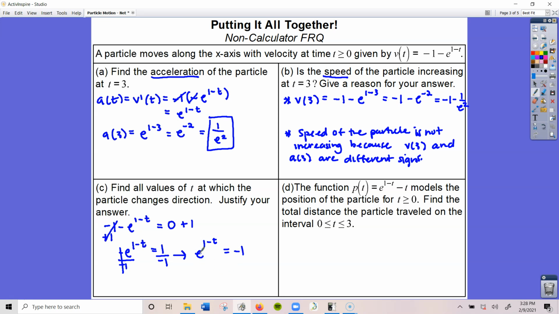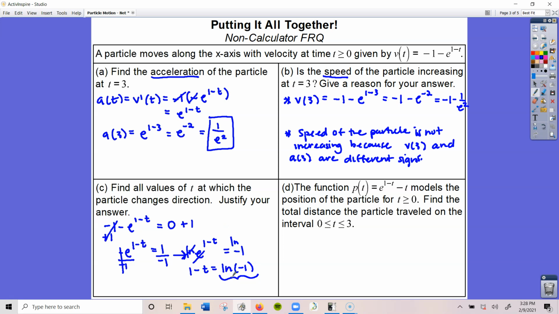In order to cancel out the e, you would have to apply ln to both sides. This would cancel, and I'm left with 1 minus t is equal to the ln of negative 1. Now keep in mind that the ln of negative 1 does not exist. Okay, ln is only defined for when t or x or whatever variable is greater than 0. Negative 1 is less than 0.